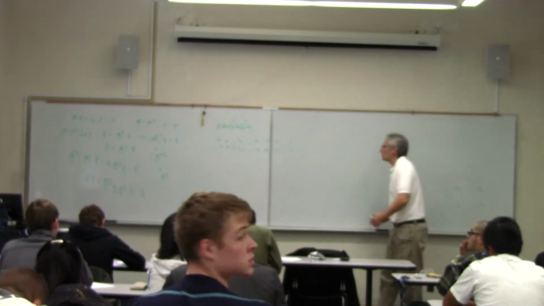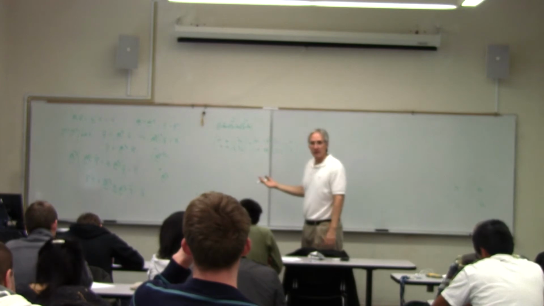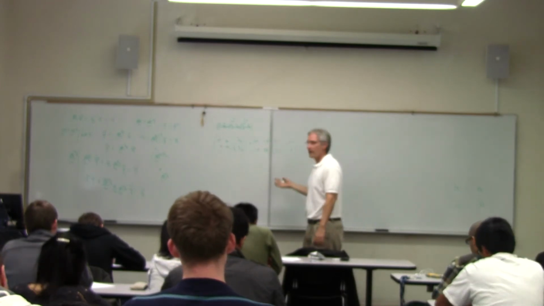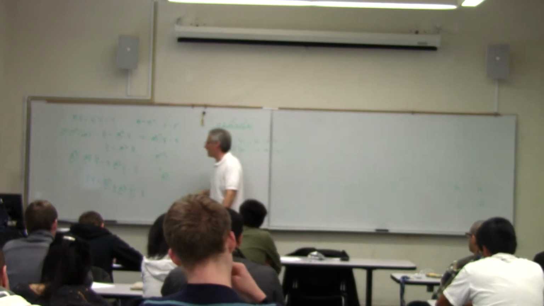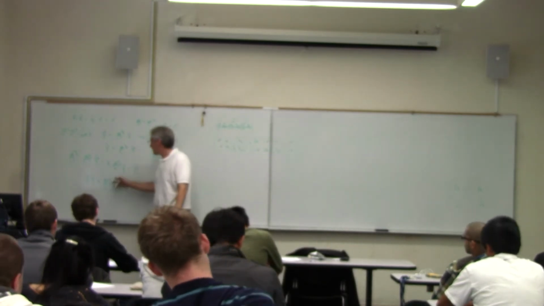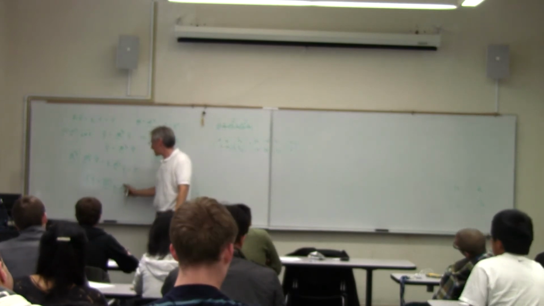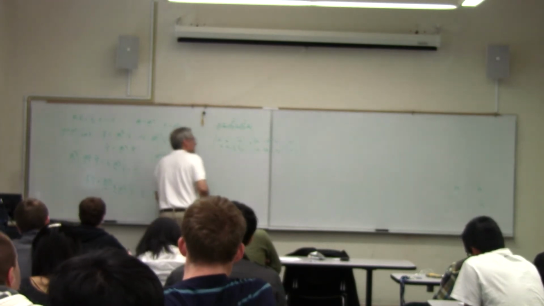If I give you, well, first of all, m is a symmetric matrix, right? And if I take the square root of m, I get a symmetric matrix. If I take the inverse of m, I get a symmetric matrix. So this thing right here is symmetric. This was already symmetric, and this is symmetric.